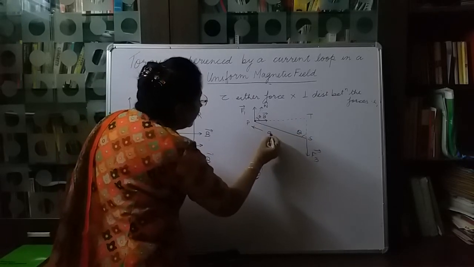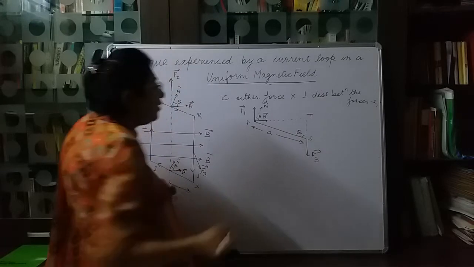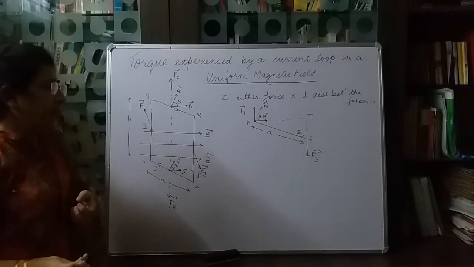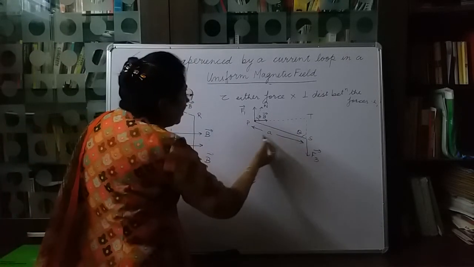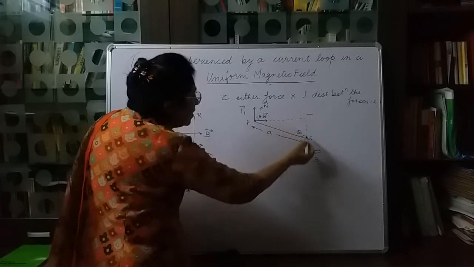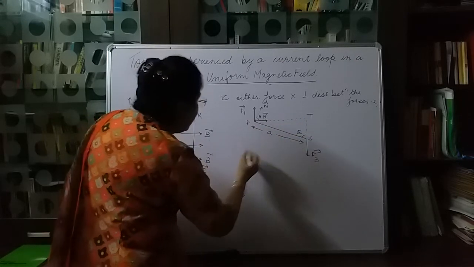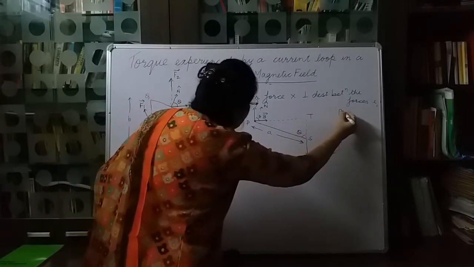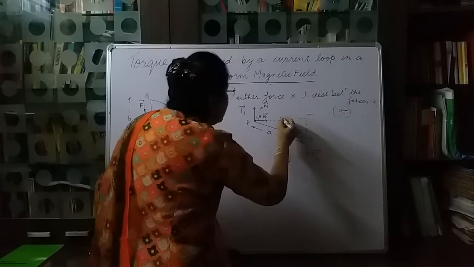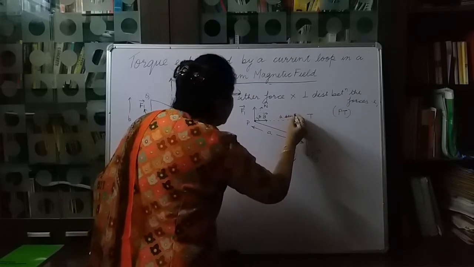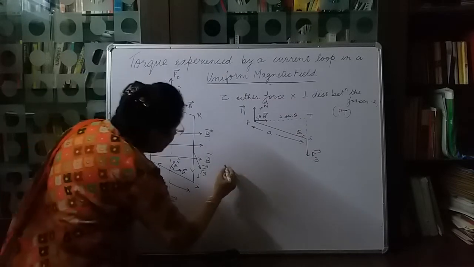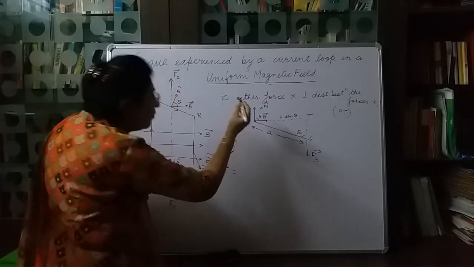This is the width of the coil, a. If this is theta, then the perpendicular distance between the two forces will be equal to a sine theta.